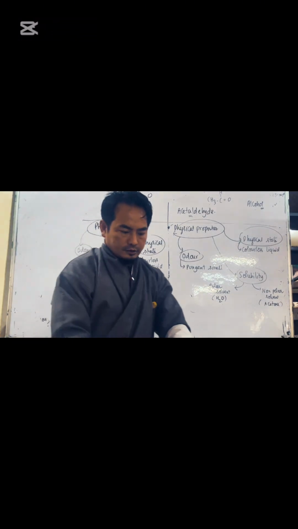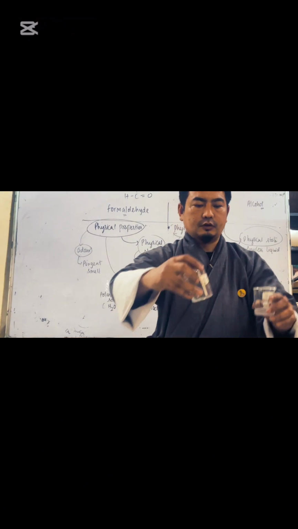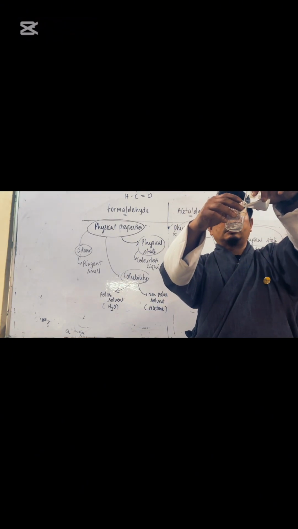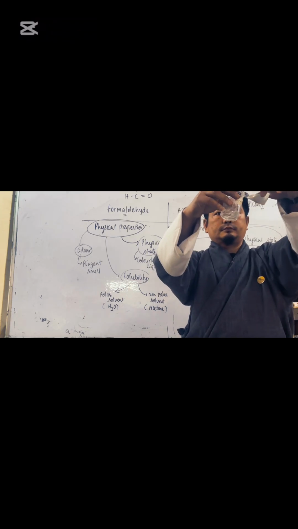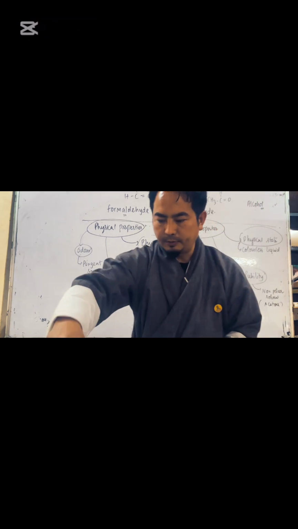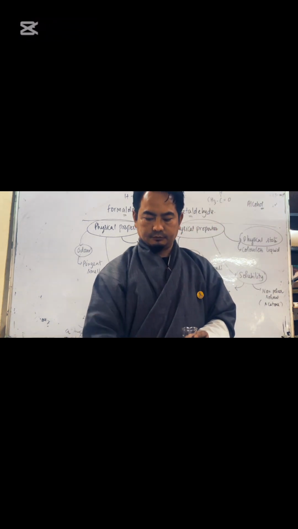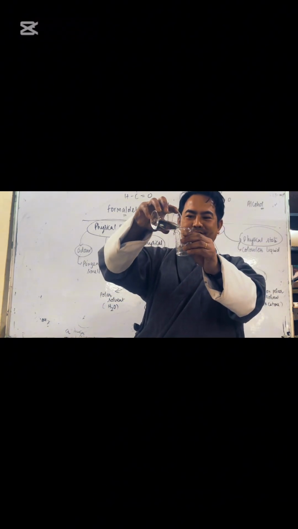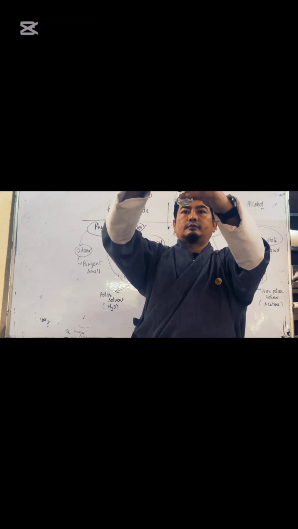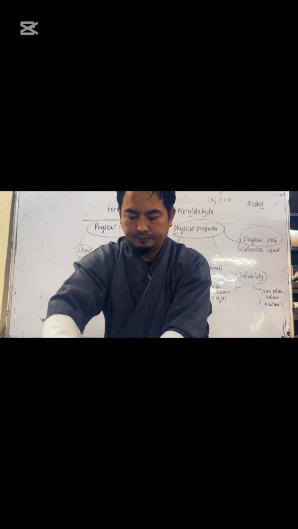Now I'm going to divide this solution into 2 beakers. Here I'm going to take the acetaldehyde, so that I will divide the acetaldehyde into 2 parts here. Are you getting some smell, pungent smell? So we have the formaldehyde here.